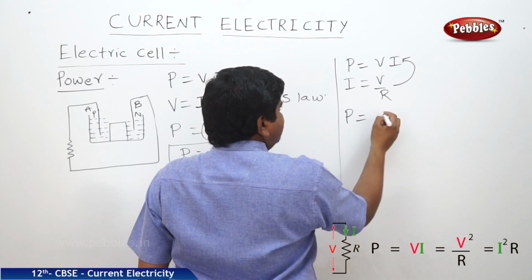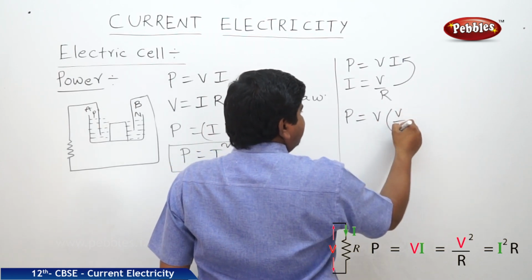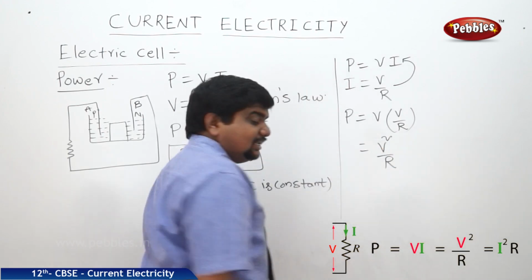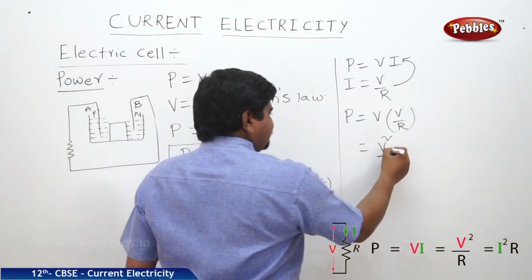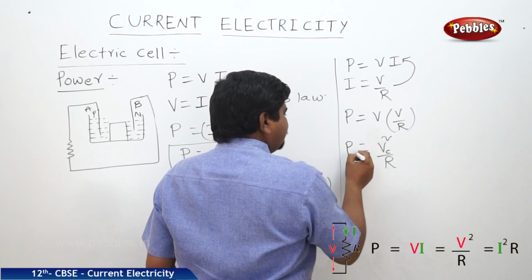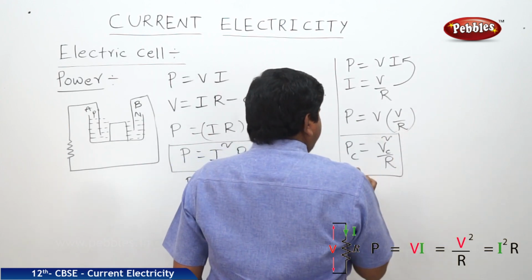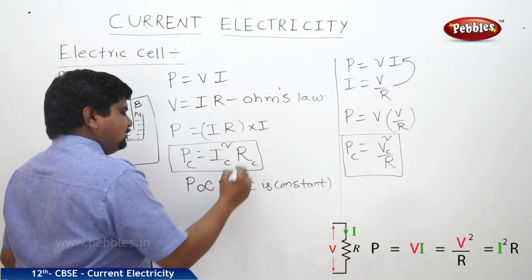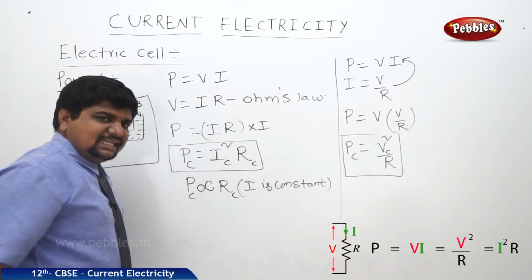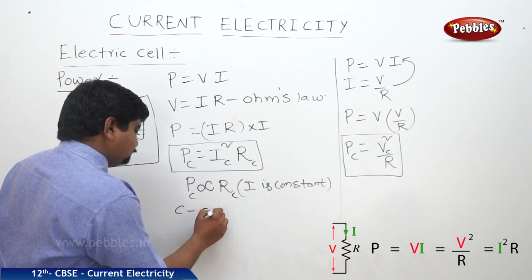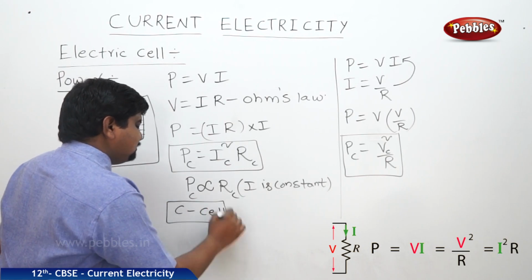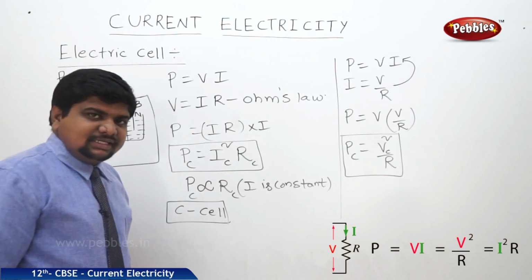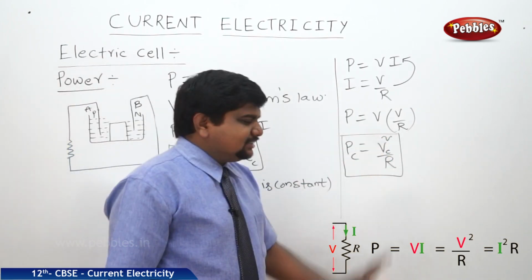Therefore, P is equal to V into V by R, we can write V square by R. It is nothing but the cell, that's why we can write PC is equal to VC square by R. Here also we can write PC is equal to IC RC. C means cell: power of the cell, resistance of the cell, current passing through the terminals of the cell.